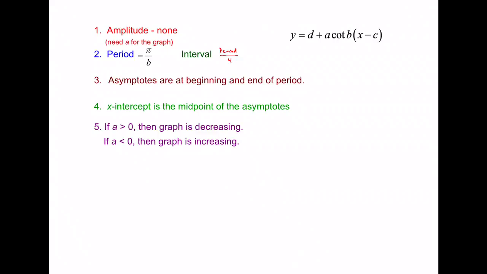Your x-intercept is still in the middle of the asymptotes. When a is greater than 0, now the graph is decreasing. When a is less than 0, now the graph is increasing. So pay attention to that, and once again, the difference between tangent and cotangent.